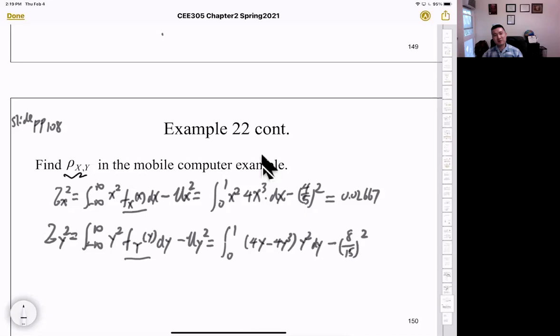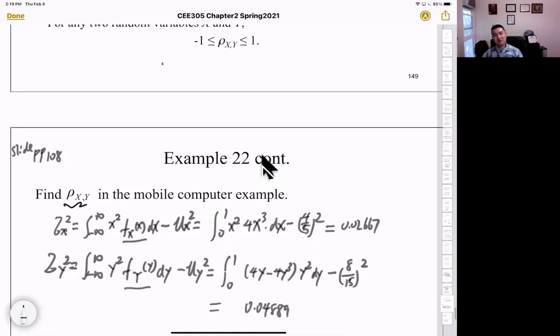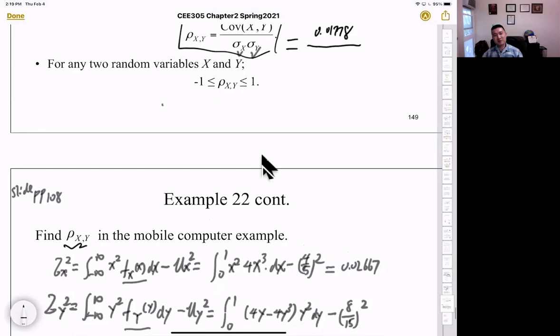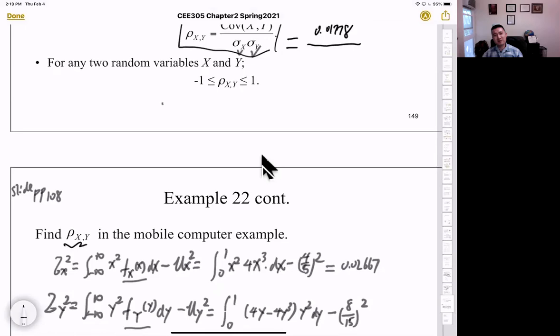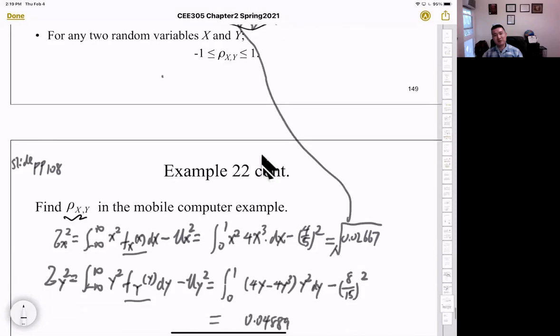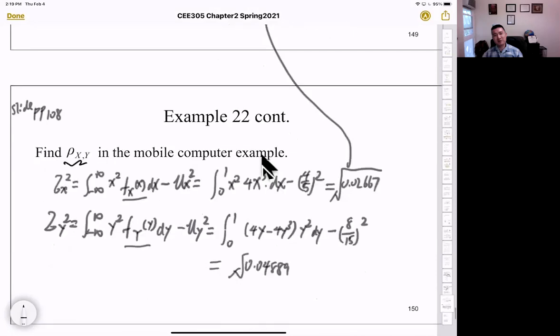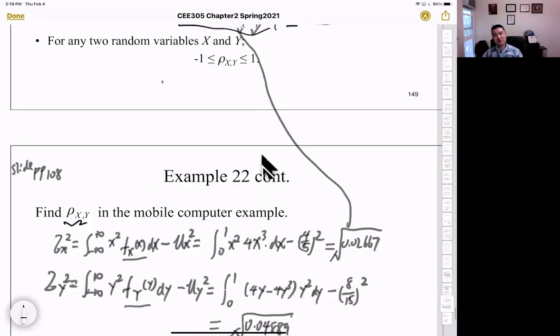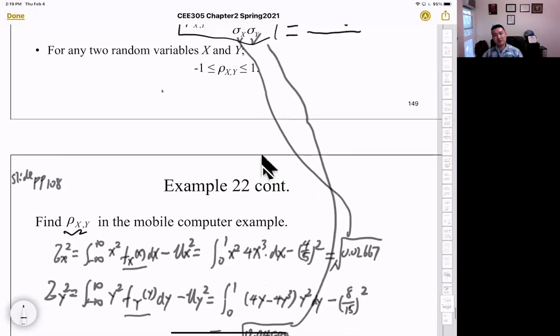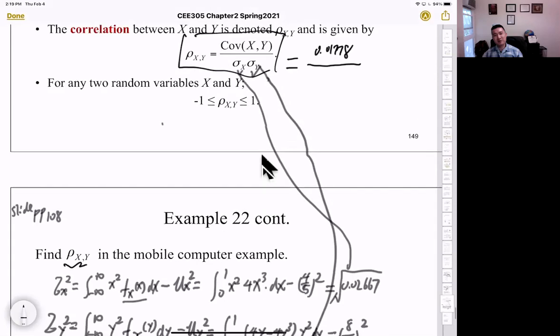Doing the integration, we get 0.04889. So we can find sigma x and sigma y by taking the square root of the variances.